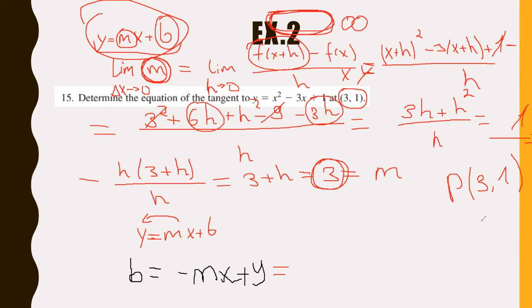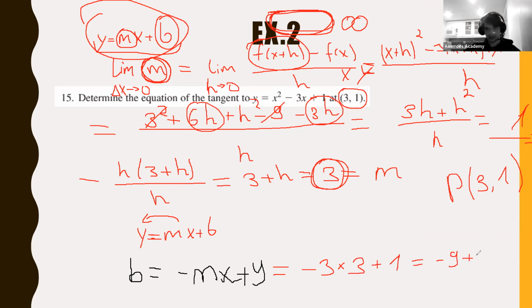It's 0, right? Well, you say 0? Okay, let's evaluate. Minus 3 times 3, x equals 3, right? Plus 1, negative 9 plus 1.